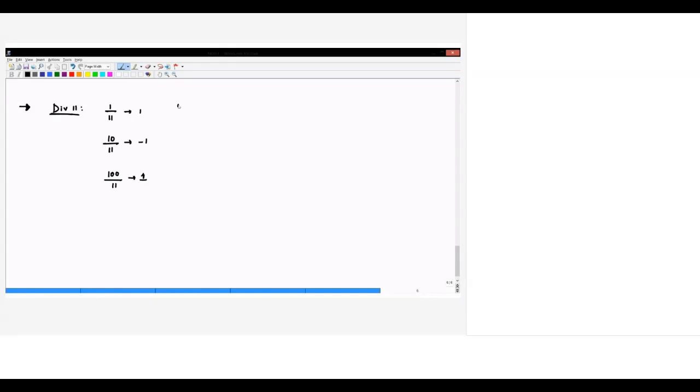Therefore, I can say 10 power n when divided by 11 is plus 1 when n is even, and minus 1 when n is odd.